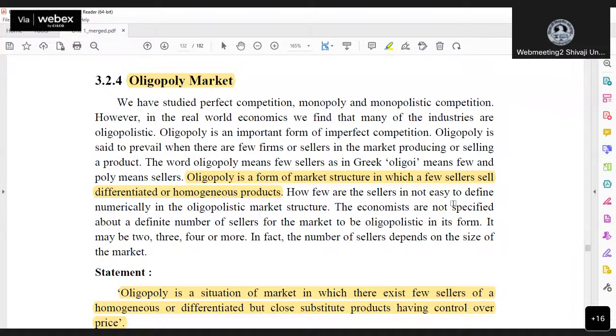That is oligopoly. In monopolistic competition, we have seen multiple sellers with multiple products and a large number of buyers. You will understand such differences by thoroughly reading these topics with full concentration.